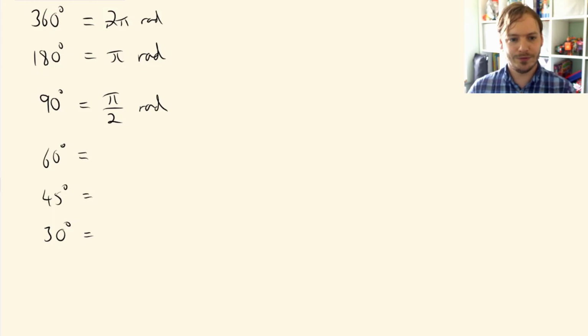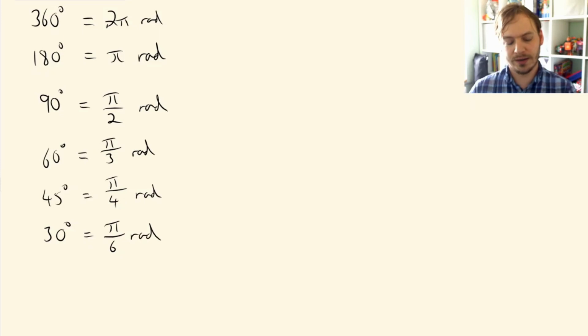If 90 degrees is pi over 2 radians, 45 degrees means I have to halve it again. So it's going to be pi over 4 radians. Straightforward. If 180 degrees is pi radians, 60 degrees is 1/3 of that, so it's going to be pi over 3 radians. And 30 is half of that 60, so if we halve that, we're going to get pi over 6 radians.